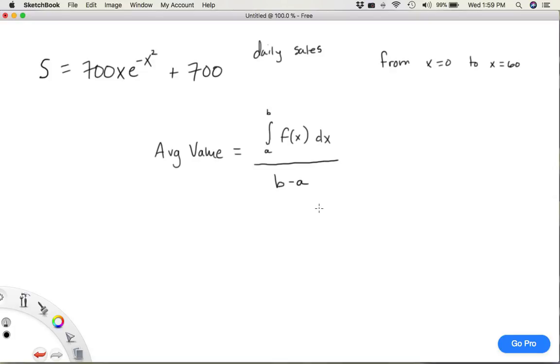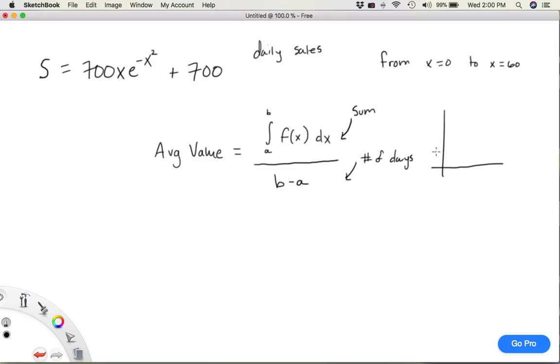Another way that you could think of this is, since the integral is a sum, we're summing up all the daily sales, and then we're dividing by the number of days. So it is analogous to just finding the average of some numbers, except this is kind of like a continuous function.